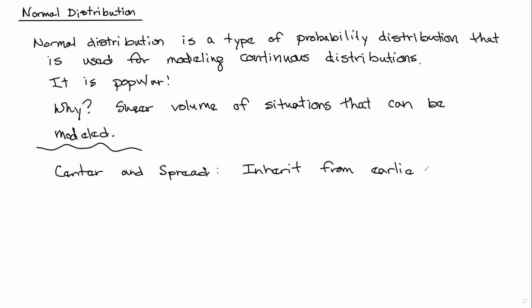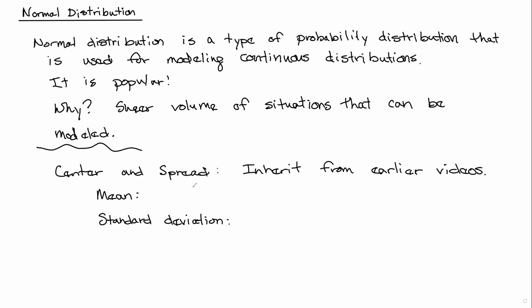What were the ideas that we covered when it comes to unimodal symmetric distributions? They were the ideas of mean and standard deviation. So our normal distributions are going to have a mean and a standard deviation.